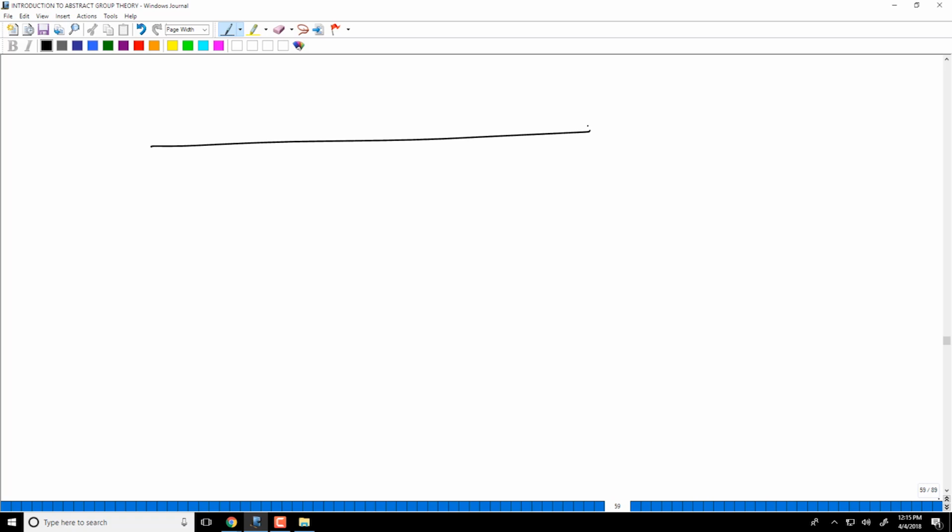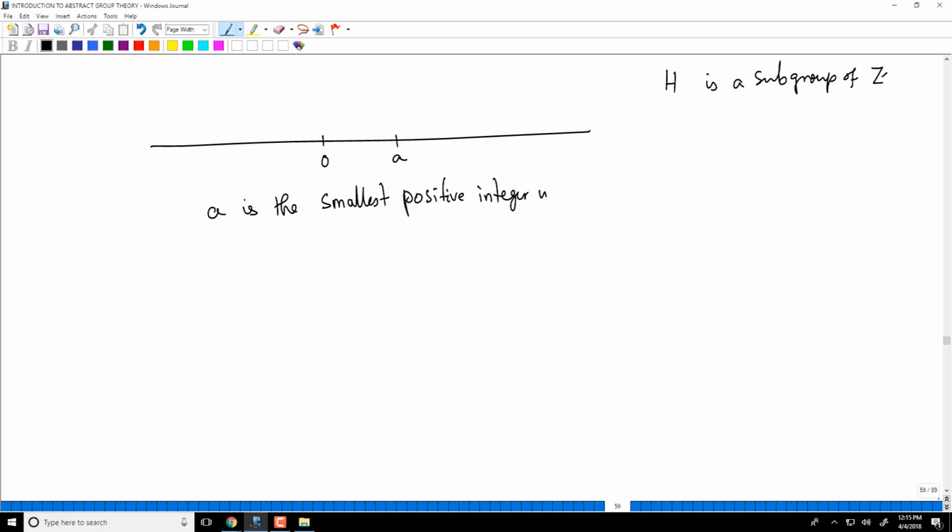You take the integers, 0 is here, and I am looking at a subgroup H of Z. I have taken A, the smallest positive integer in H. So between 0 and A there is nothing in H. As you go from 0 to the right, the first time you hit H is at A. The next time you hit H is 2A.